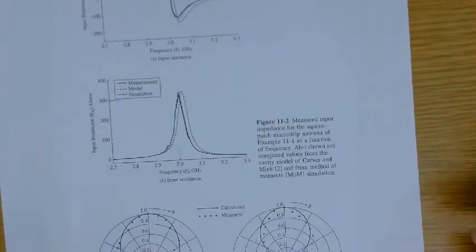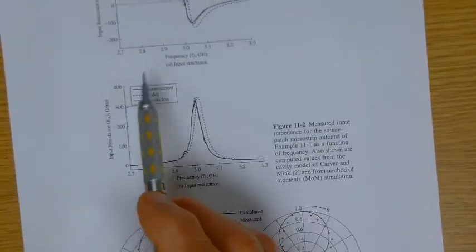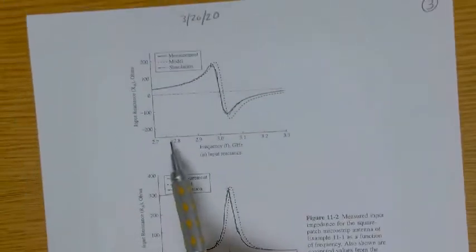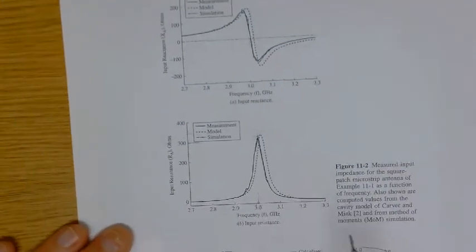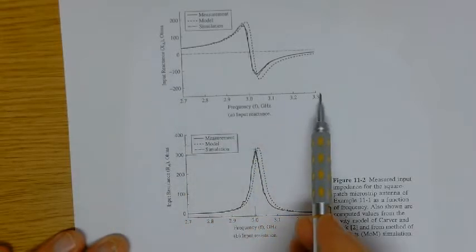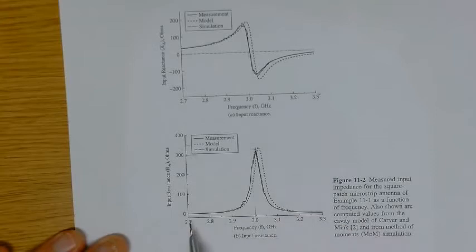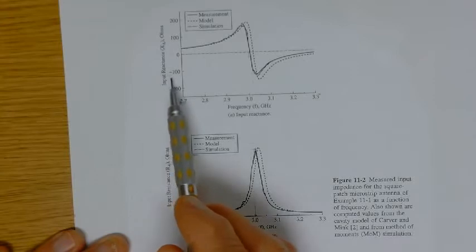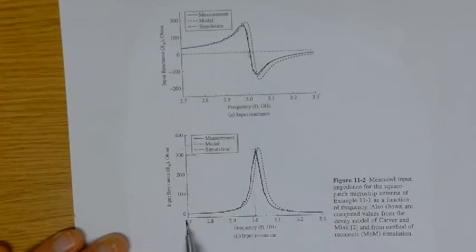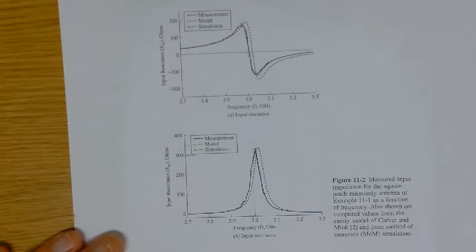Okay, let's move on a little bit. Here we go. So let's plot. Here's a typical input impedance characteristic of a patch antenna. Here we're plotting the input reactance as a function of frequency for a particular patch, and this is the input resistance as a function of frequency for a particular patch.